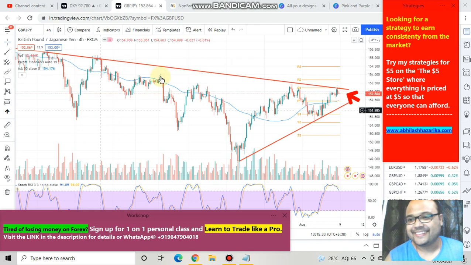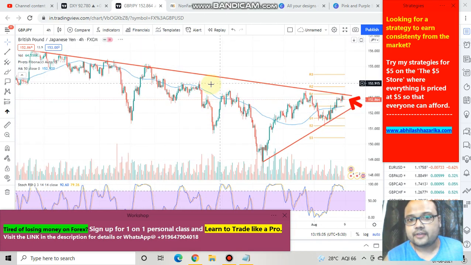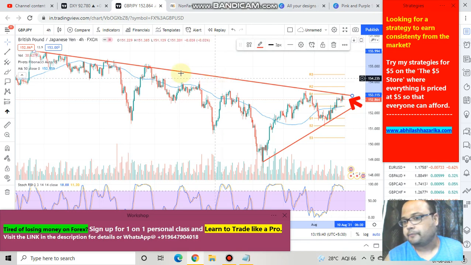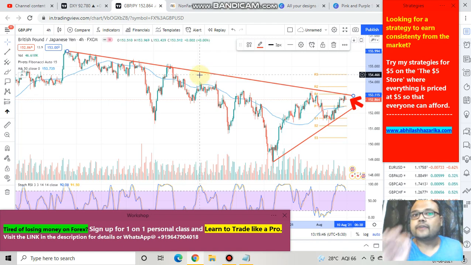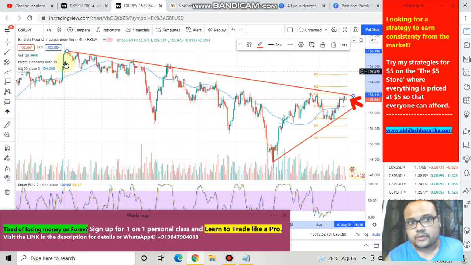Okay. So this is the 4 hour chart, and first of all I would like to discuss this trend line that I have drawn here. My dear friends, if you do not have this trend line on your trading platform, then please draw this line, because this trend line is acting as a strong resistance for the market right now. Whenever the market was trying to go up, it was facing severe resistance, severe selling pressure from above.